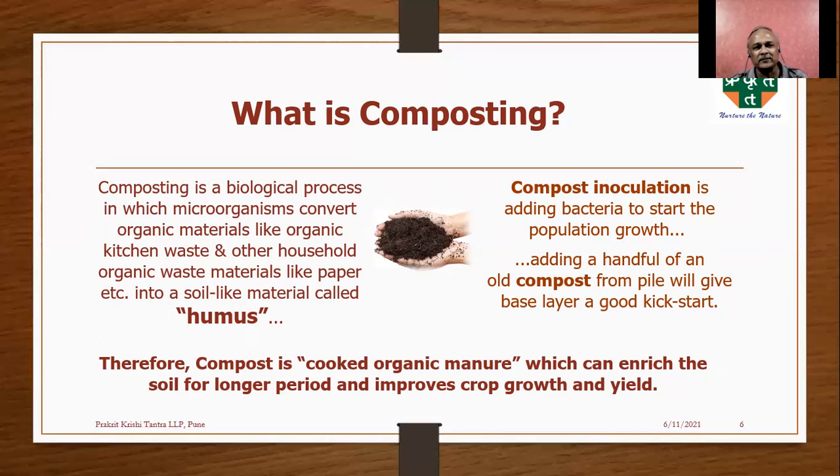So microorganisms take that food from the plant's root, and they provide the nutrient compounds to the plant roots to utilize. So there is a symbiotic relationship established by nature between the microorganisms and the plants.